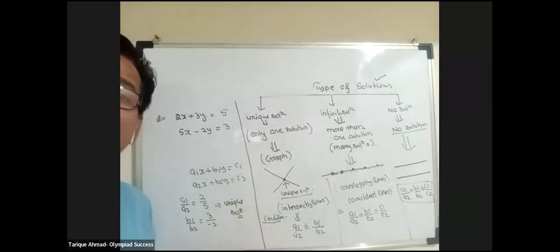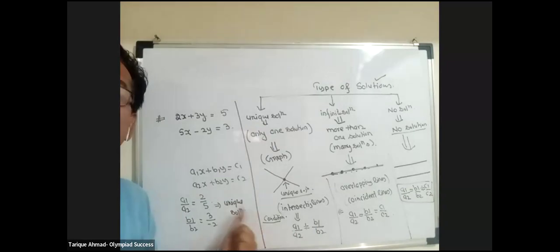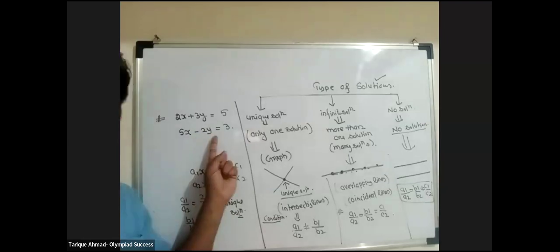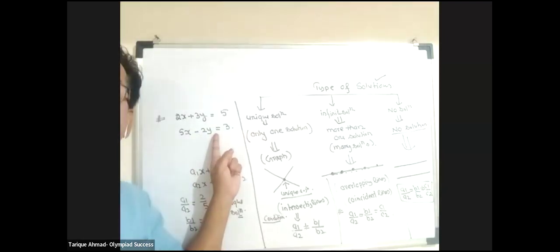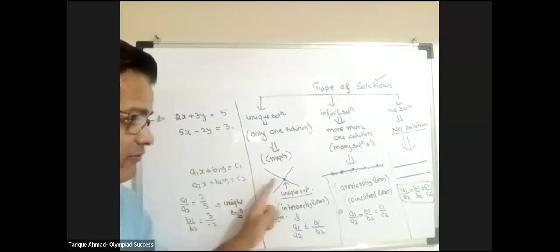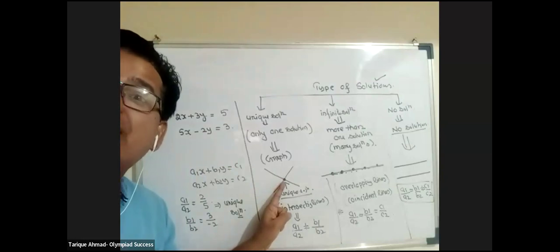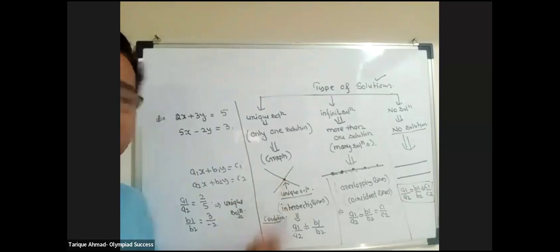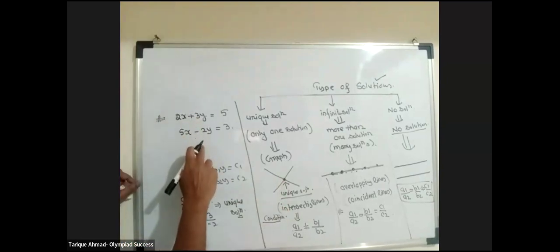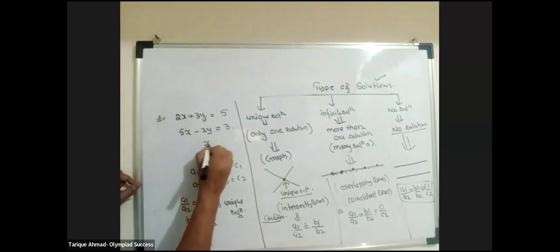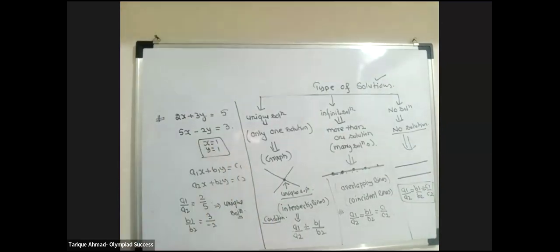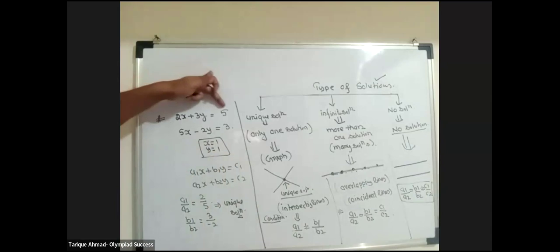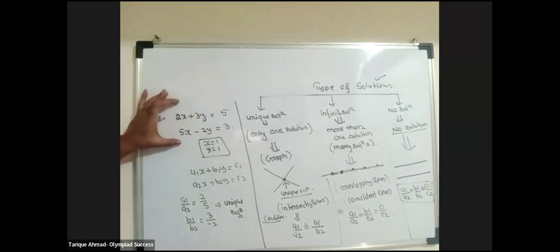What does it mean? When we draw the graph of these two lines, they will meet at one particular point. And if we solve, we will find x as 1 and y as 1. Check by putting this value in the equation whether it satisfies the equation or not.